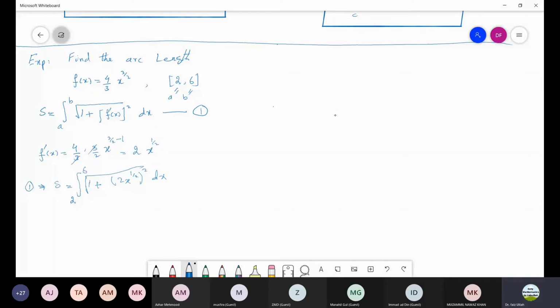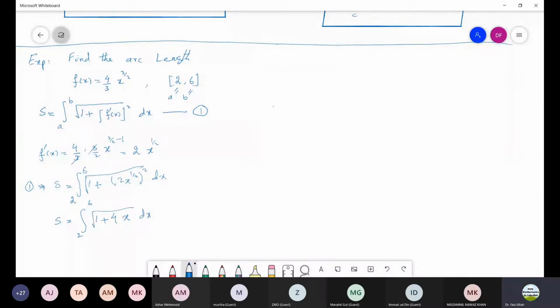So you can see, from here I can get that S is equal to integration from 2 to 6, 1 plus 2 square is 4, x under root, or x power 1 over 2 square is x. And now I'm writing under the root here into dx.